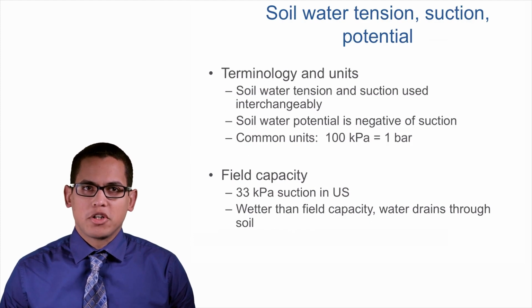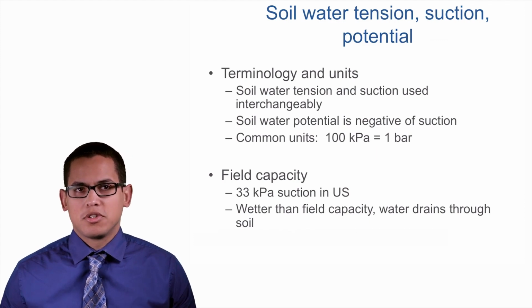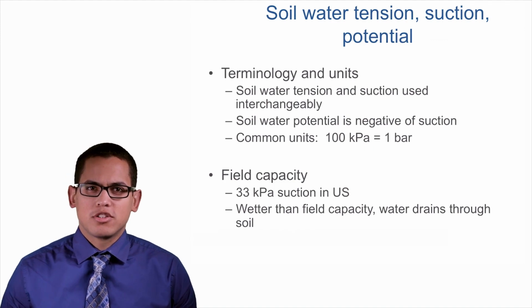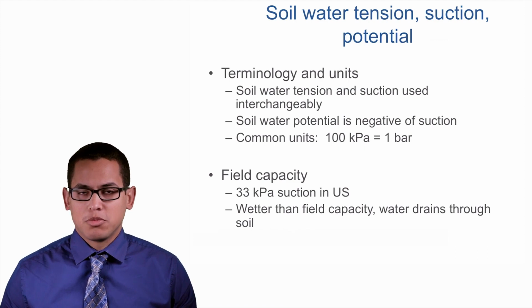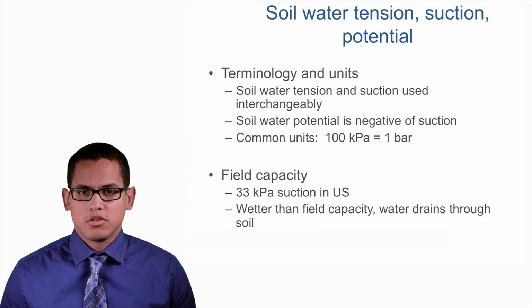So first off, I want to go into soil water tension, suction, and potential, and what the differences are. Let's go over some terminology and units. Soil water tension and suction are used interchangeably, and essentially they're used to describe how tightly bound water is in soil.